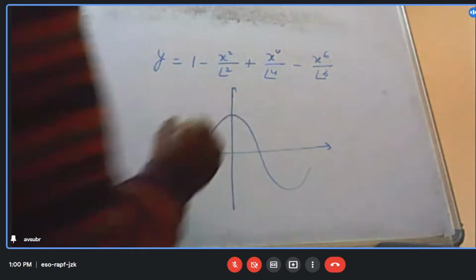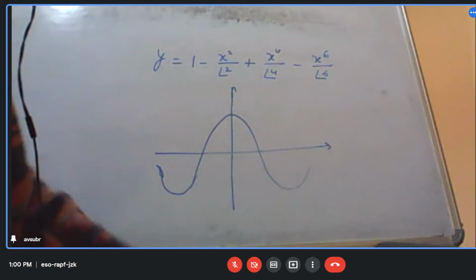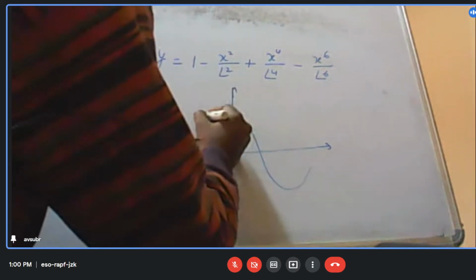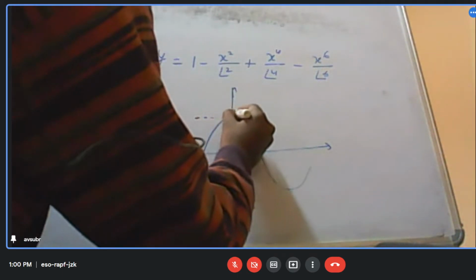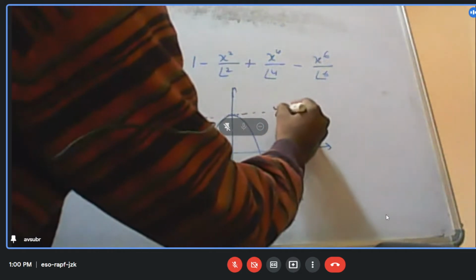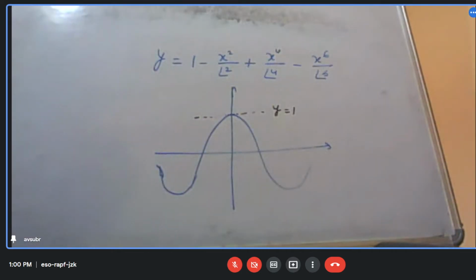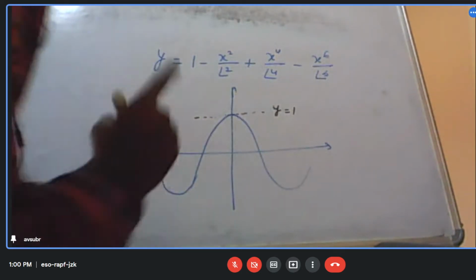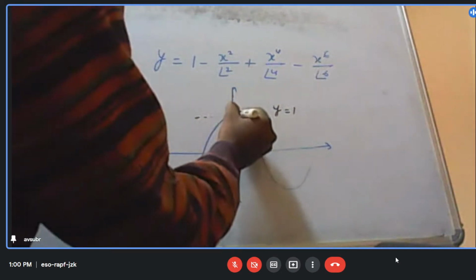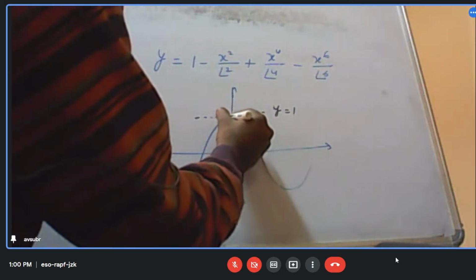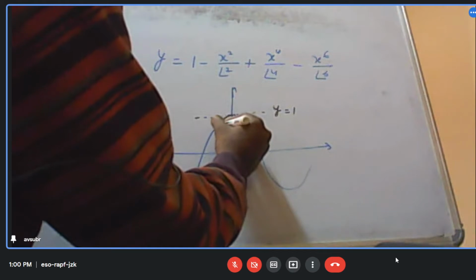So our first one was y equal to 1. This was our first order polynomial, a straight line. Second was our parabola.